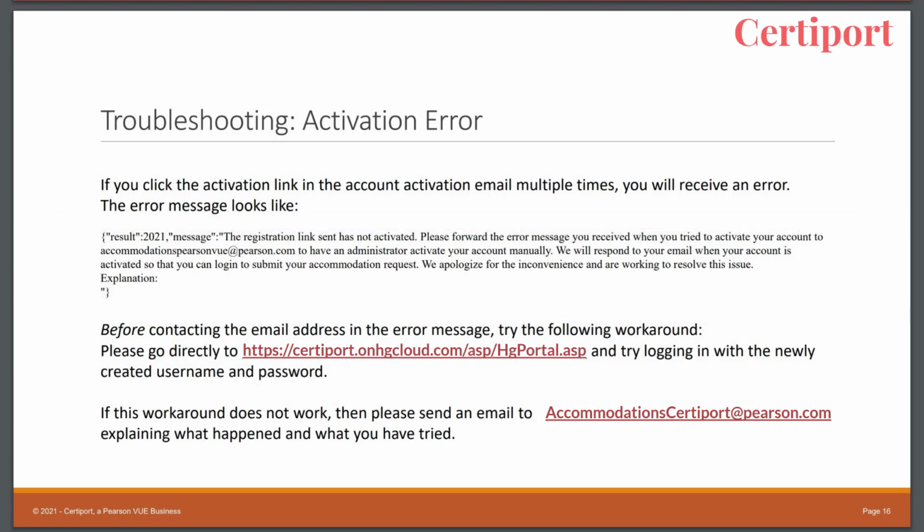Please go directly to https://certiport.onhgcloud.com accommodation.com/asp/hgportal.asp and try logging in with the newly created username and password. If this workaround does not work, then please send an email to Accommodation Certiport at pearson.com explaining what happened and what you have tried.